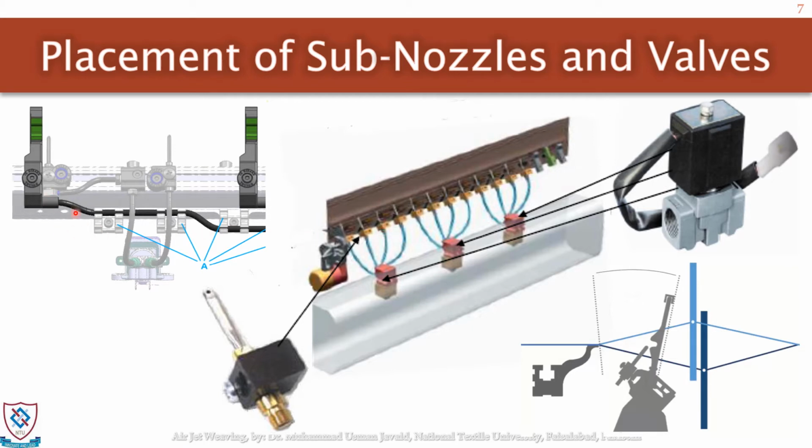But there is a new concept. According to this concept, the sub nozzles are engaged to the valves, and these valves are placed on the sley so that they can move along with the reed. This prevents the flexing and breaking because of which the pipes break or the air clogs.